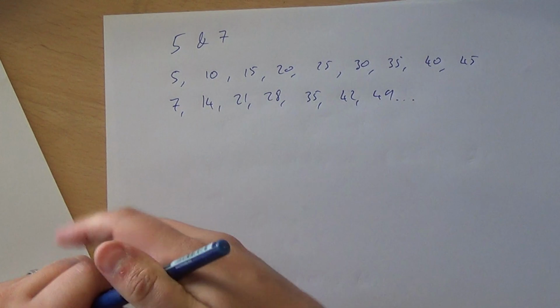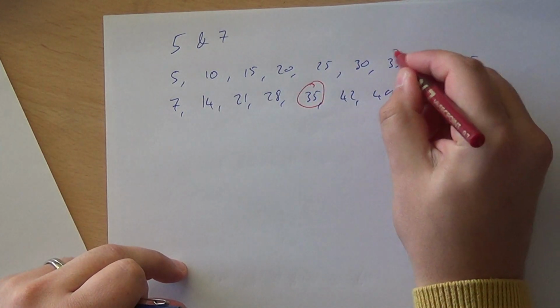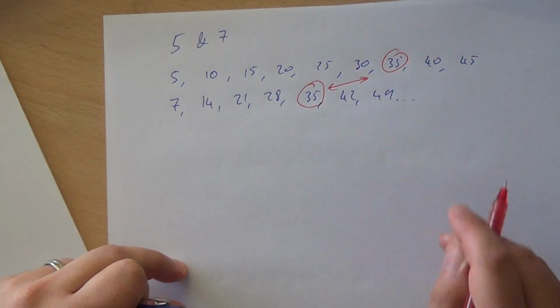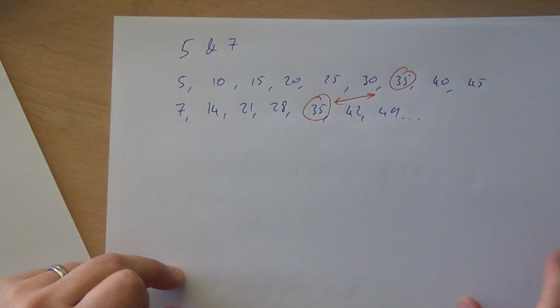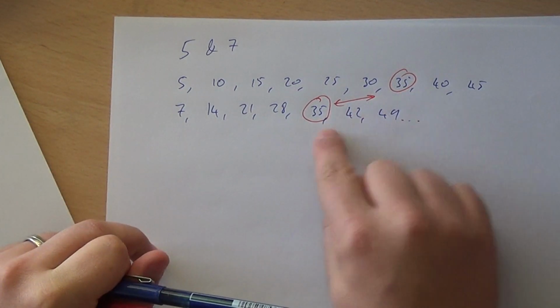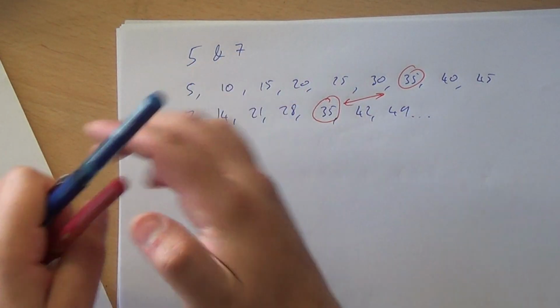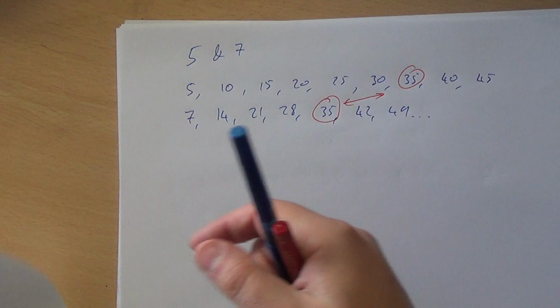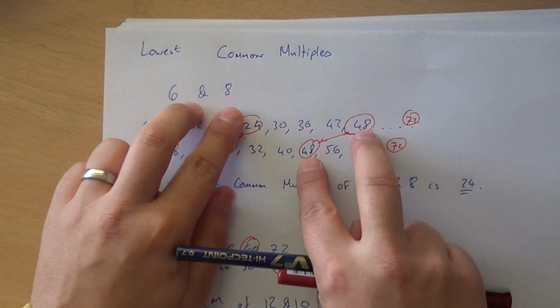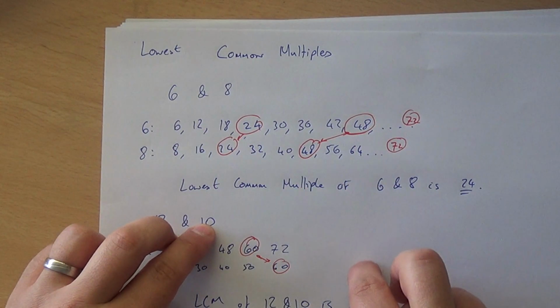We can see that 35 appears in both lists. Now you might actually notice that 35 is 5 times 7. That's the worst case scenario. The common multiple you can always get is multiply these together. And we can check that with these previous two. 6 8s, in fact, is on both lists, and 12 10s would be on both lists as well.